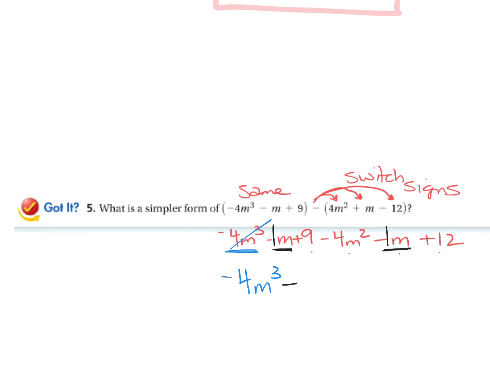So negative 1m and negative 1m is negative 2m. So I'm going to cross those out as I use them. I've got a positive 9 and a positive 12. Those two can go together, so I get positive 21. Again, I'll cross those out. And finally, guys, we have a negative 4m squared. There's nothing for that to join with, so I'll just bring it down.